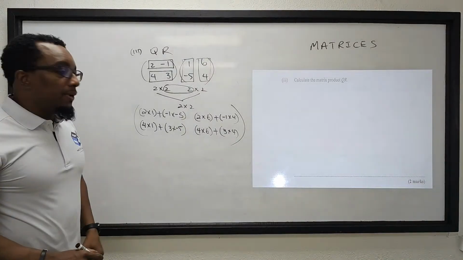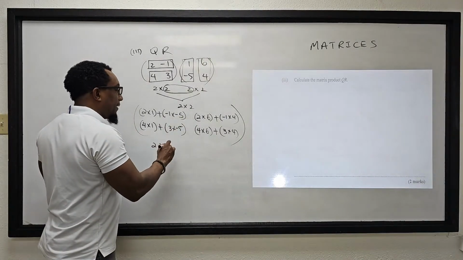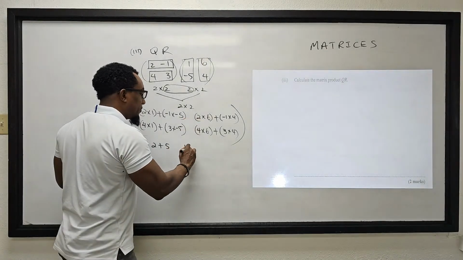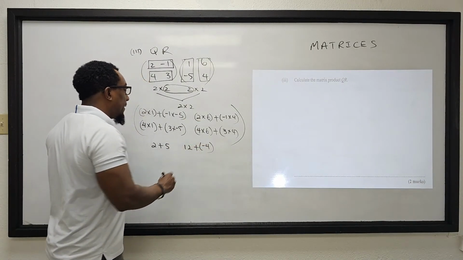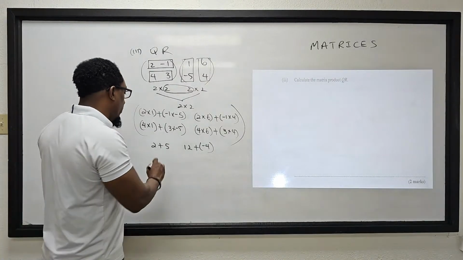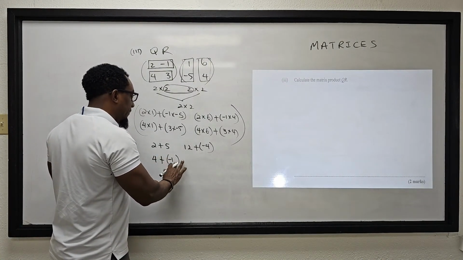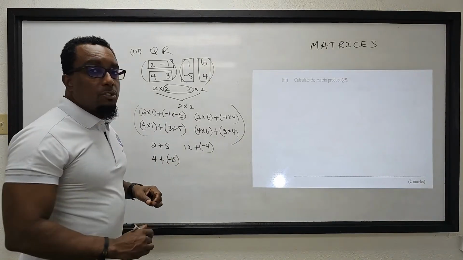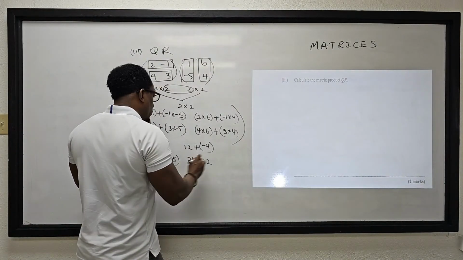When we simplify that, what are we going to get? 2 by 1 is 2 plus negative 1 by negative 5 is positive 5. 2 by 6 is 12 plus negative 1 by 4 is negative 4. We put that in brackets. 4 by 1 is 4 plus 3 by negative 5 is negative 15. Then 6 by 4 is 24 plus 3 by 4 is 12.